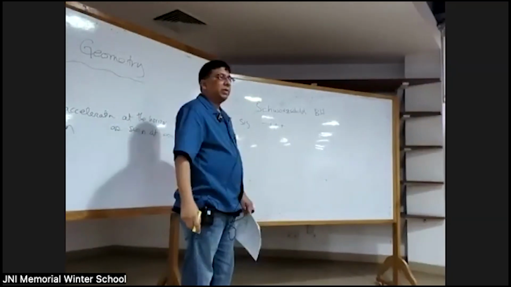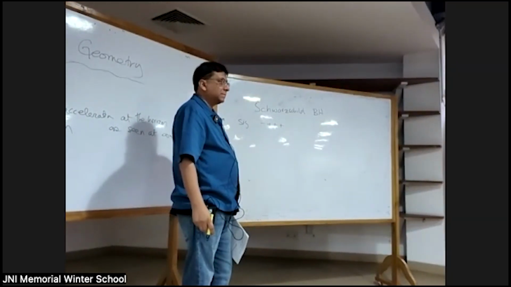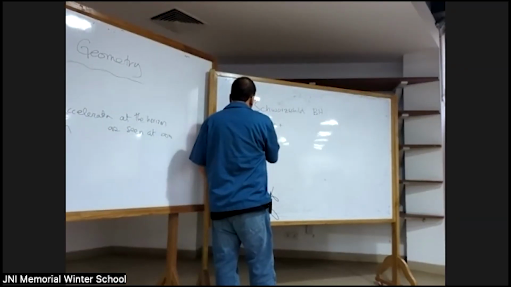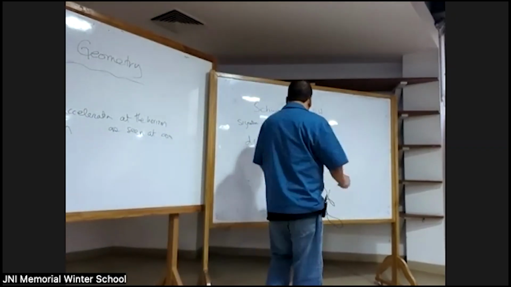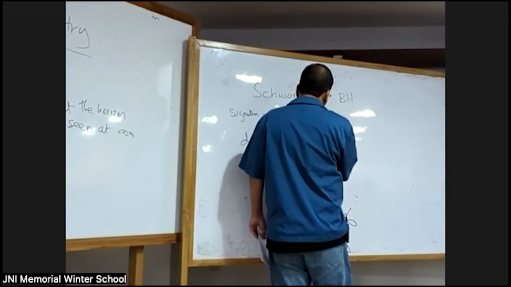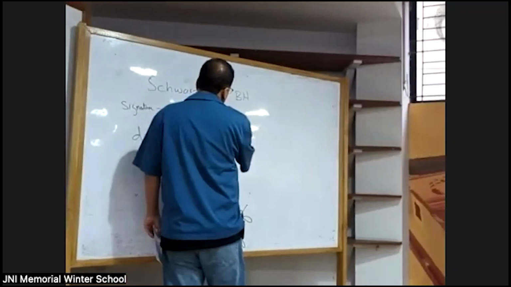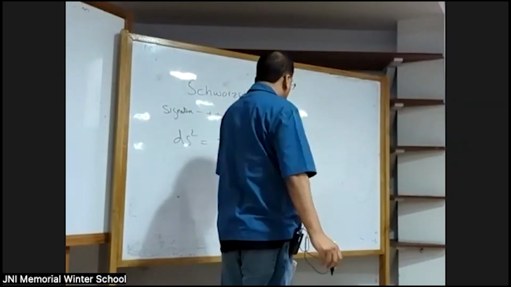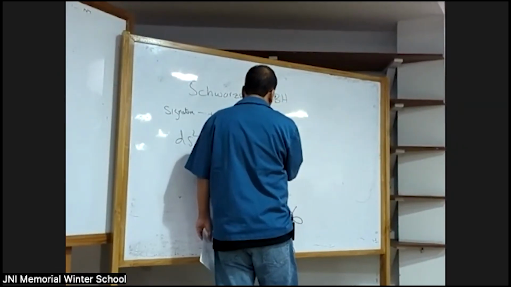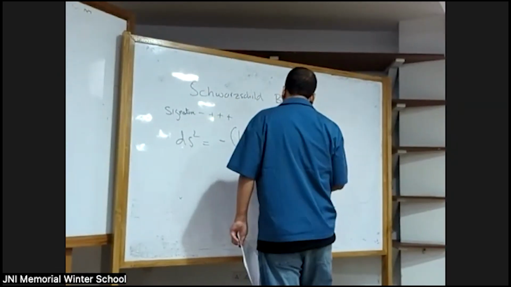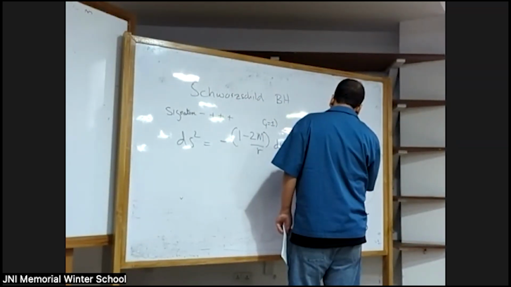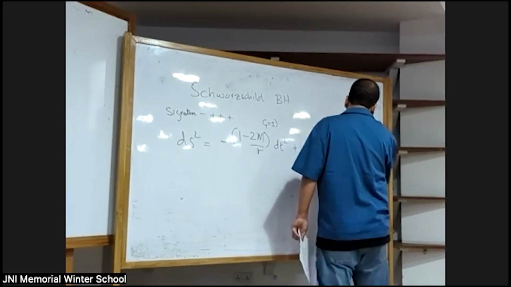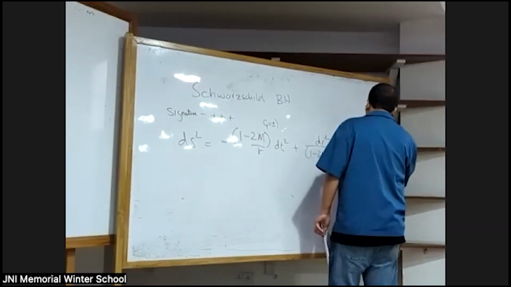Does everybody know what I mean by that? So this is the signature. That means our line element is ds squared equals minus (1 minus 2m over r) dt squared, setting G equal to 1, plus dr squared over (1 minus 2m over r) plus r squared d omega squared.